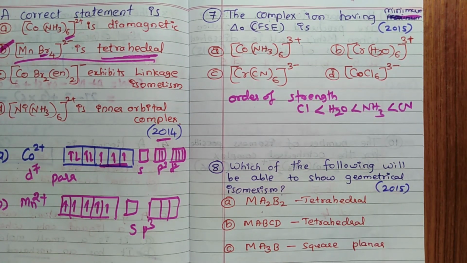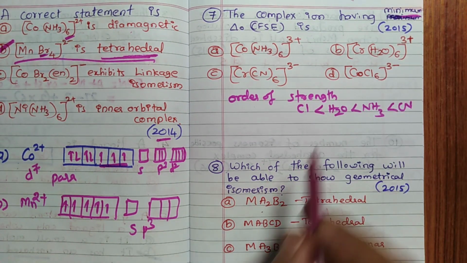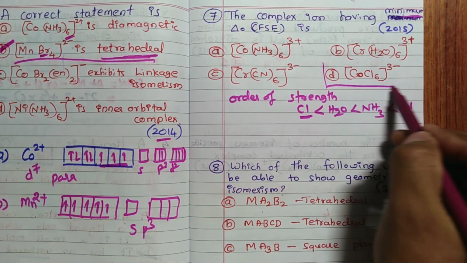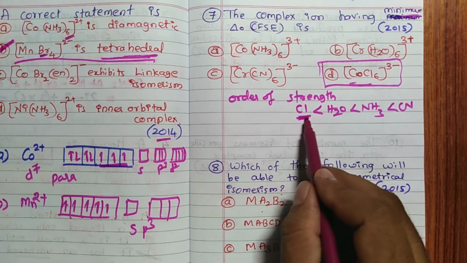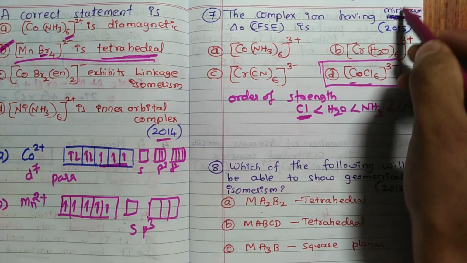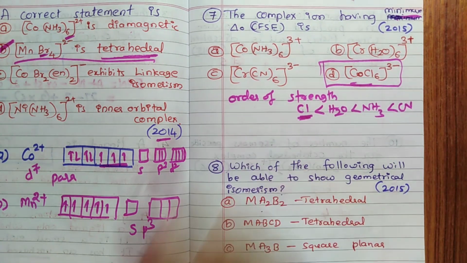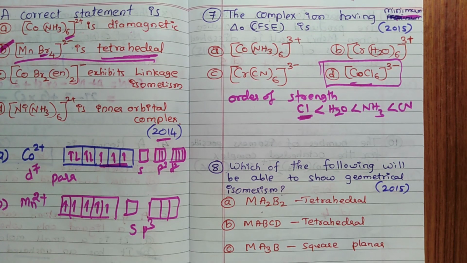CN is the stronger ligand. Minimum will be there for the weaker ligand, hence Cl is weaker. Hence the answer for this 7th question is D, because weaker ligand, minimum CFSE. If maximum CFSE is asked, then the answer is C. But minimum is asked, so the answer is D in this case.